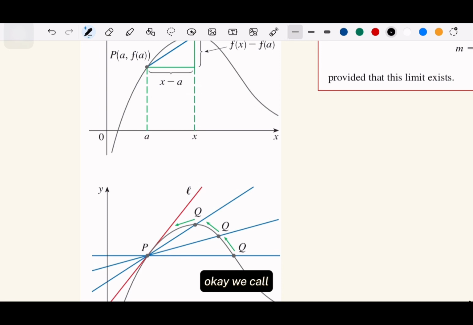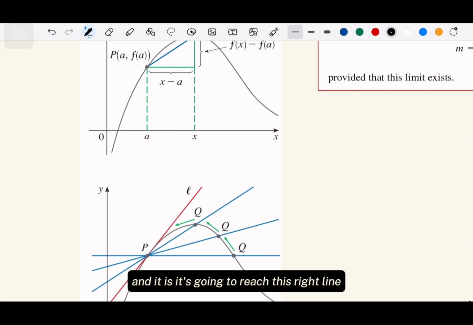We call this the secant line, the line that is cutting the curve, and it's going to reach this red line, which is the tangent line, the line that touches only one point, at point P in this one.